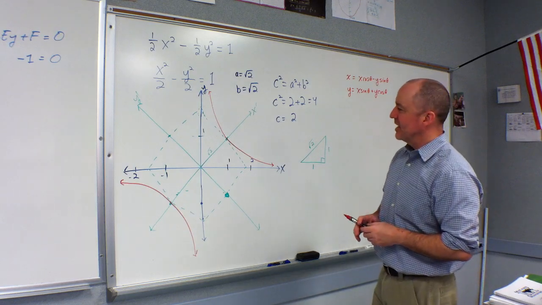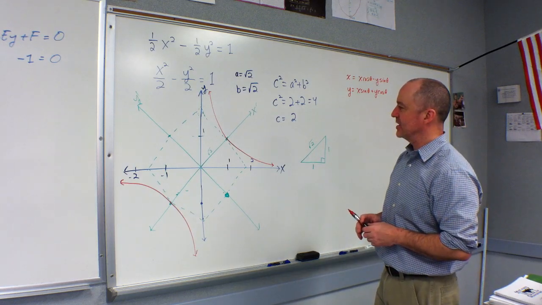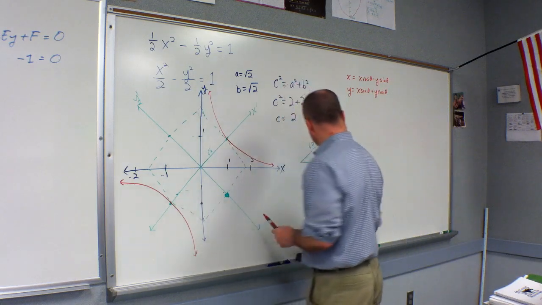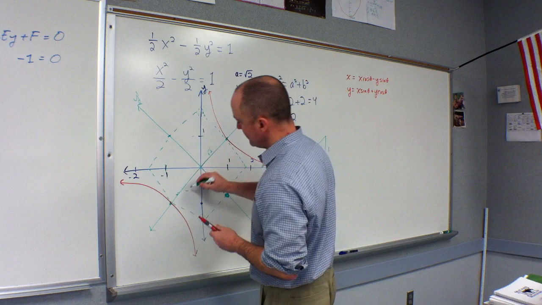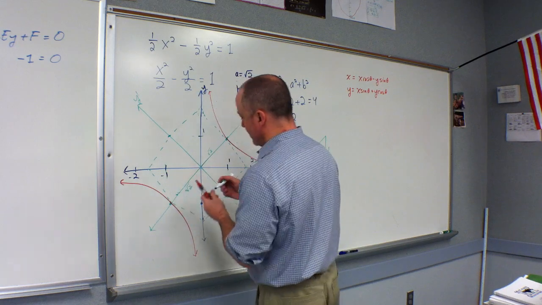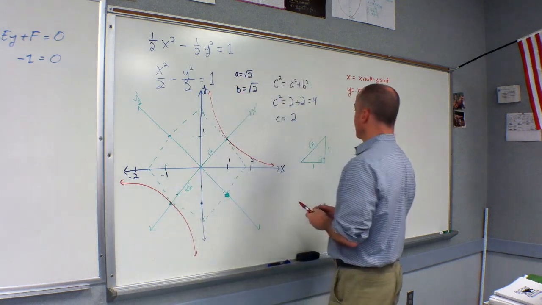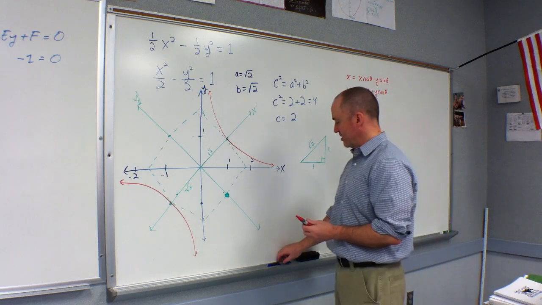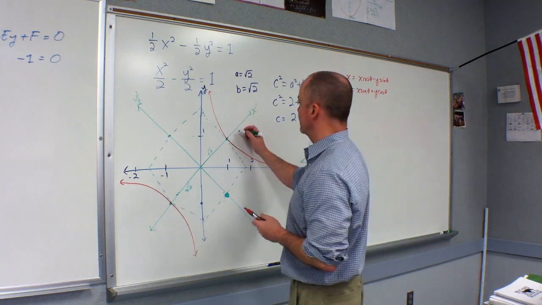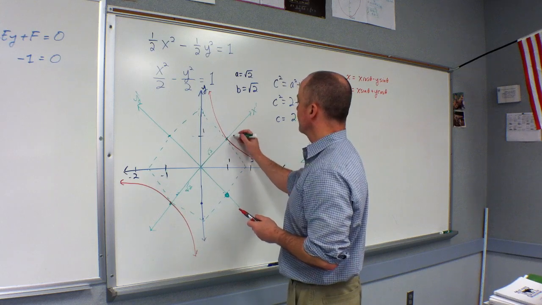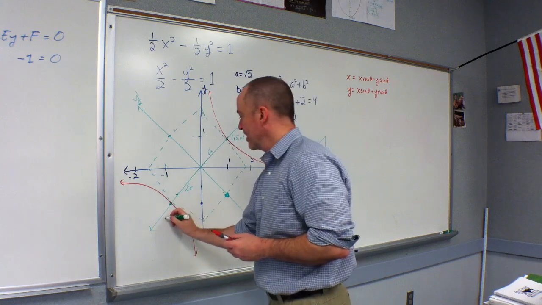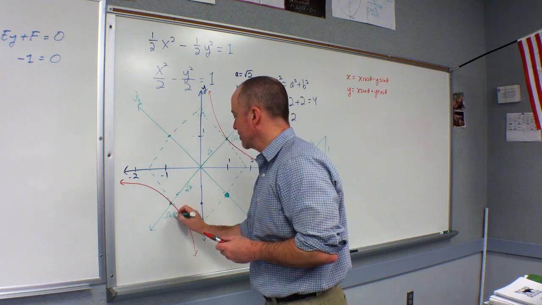And my foci, let's see. That's a distance of root 2. That's a distance of root 2. This part's easy. My vertices on the green x prime axis are root 2, 0, and negative root 2, 0.